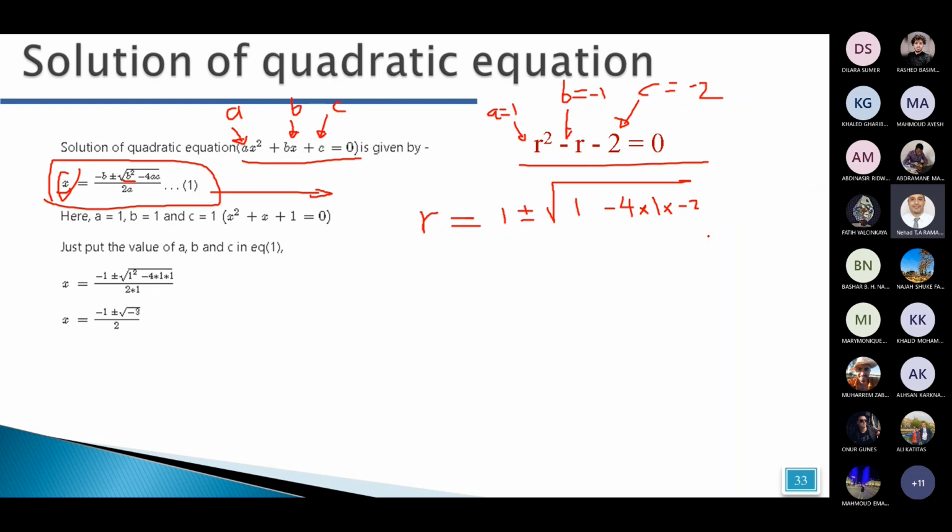All this divided by 2a. a is 1 multiplied by 2, it becomes 2.